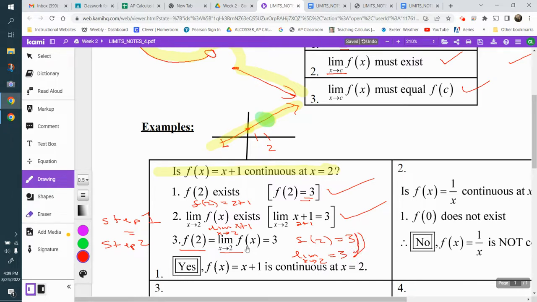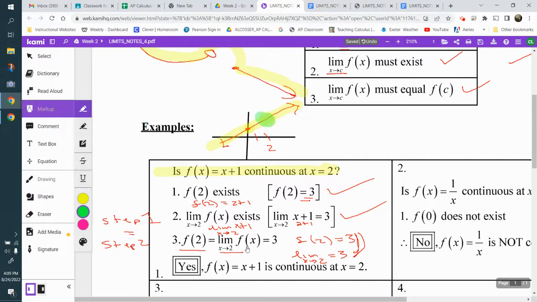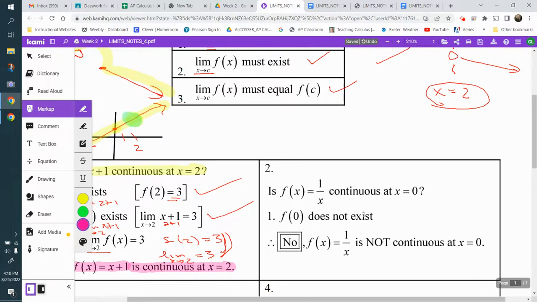This is the key one, you cannot forget all these parts. You have to state them. Then we say, yes, f of x equal to x plus 1 is continuous at x equals 2. Okay? All right. So let's just kind of slide over and look at this other one.